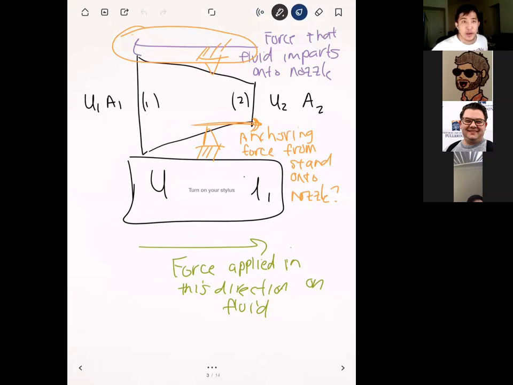Or are you talking about maybe chemical properties of the fluid? Is that kind of what you're referring to? Oh, okay. I see what you mean.